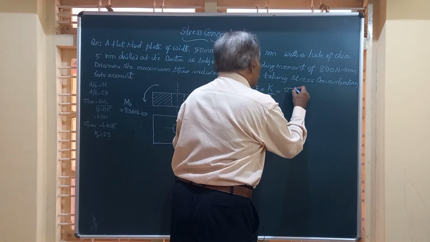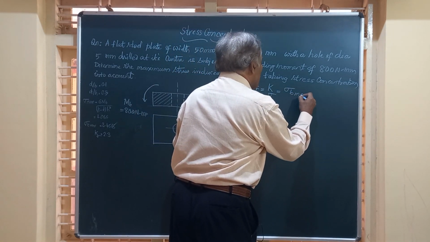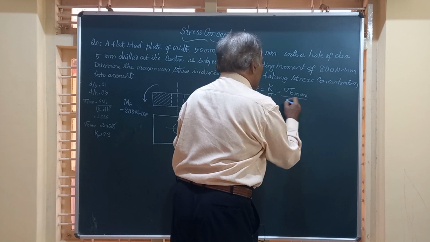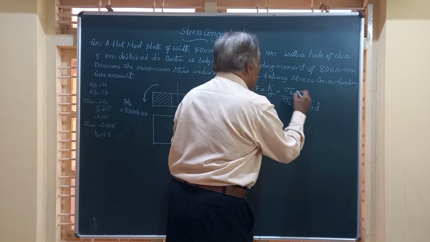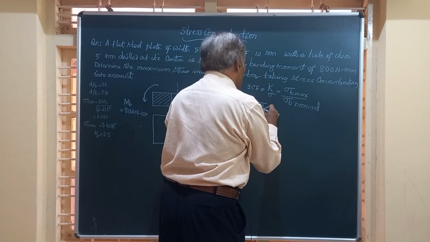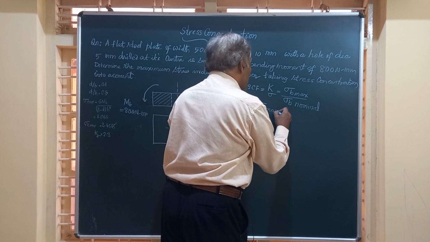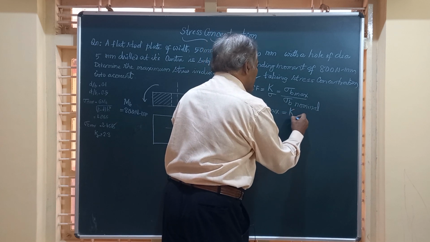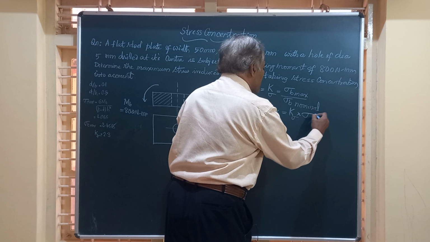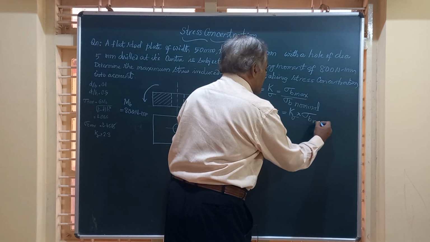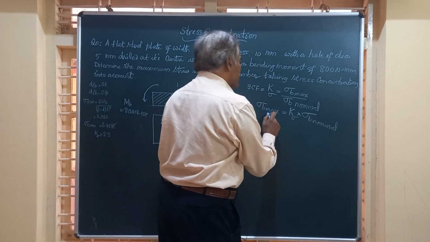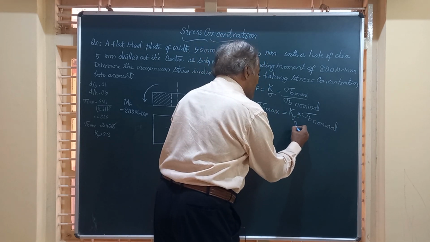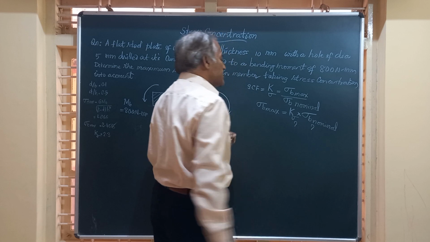This is given by the ratio of maximum bending stress, sigma B max, to sigma B nominal. So to find the sigma B maximum asked in the question, it is the product of K sigma into sigma B nominal. This is the equation.